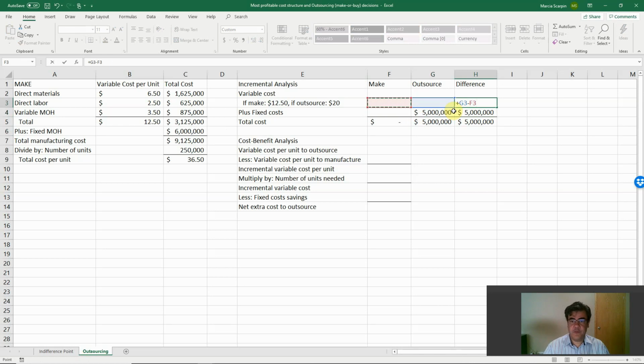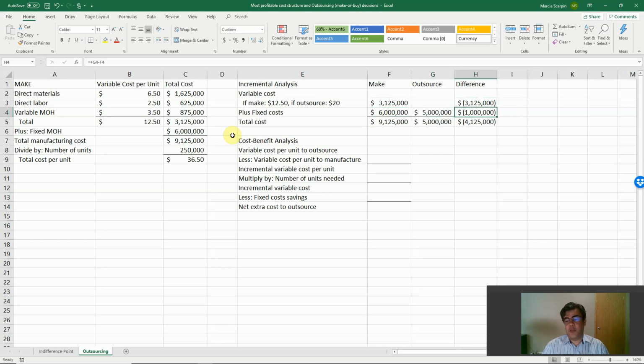And then it is here. So if we make it, variable cost, we have 3,125,000. Fixed cost, we have 6 million. Okay, so if we outsource it, we will save $1 million. However, our variable cost is 20. So our variable cost will be 20 times 250.